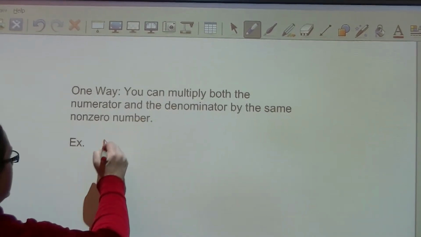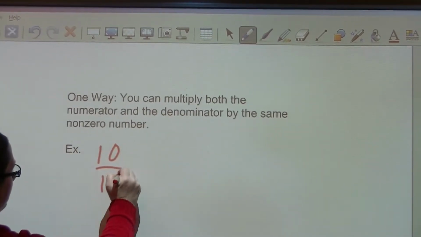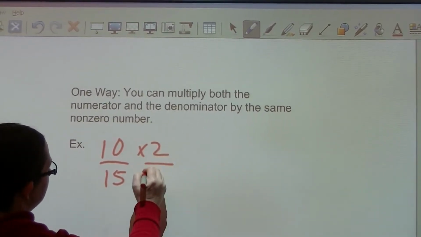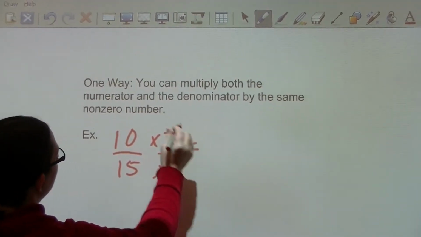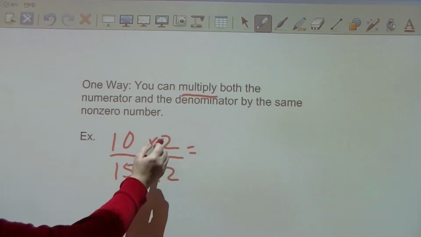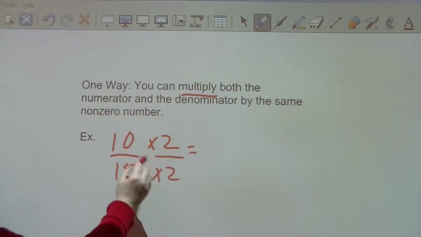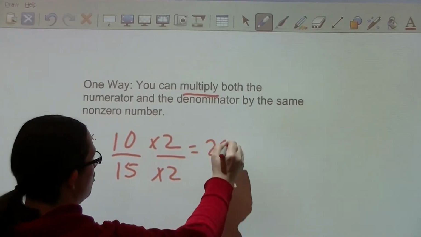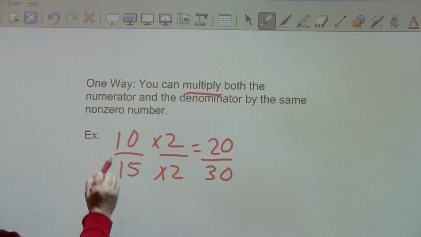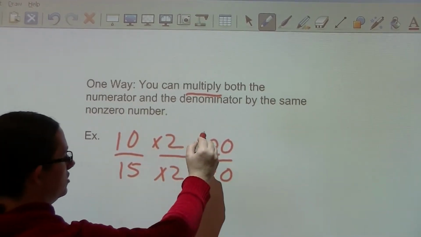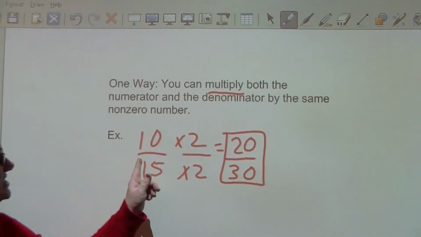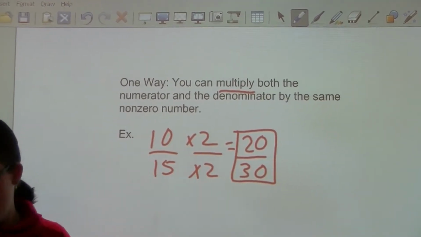So let's get that example down. So they have 10/15, okay, and they decided to multiply the top and bottom both by 2. Again, it says you can multiply, but you have to multiply by the same number. These two numbers can't be different. So 10 times 2 gives us 20, and 15 times 2 gives us 30. So 10/15 is equal to 20/30. Those are equivalent fractions. This names the same amount.